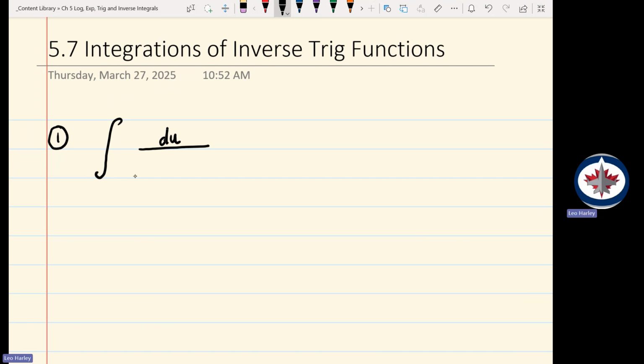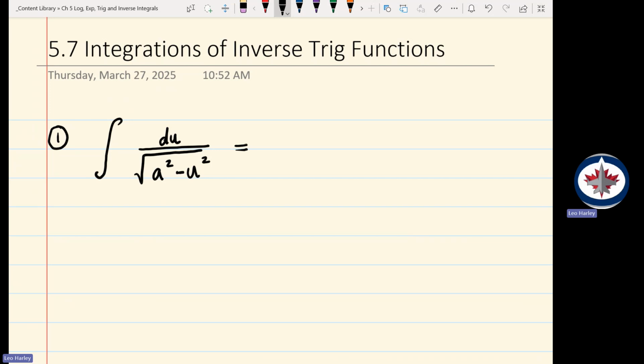And then downstairs, it's the square root of a squared, which is a constant, minus u squared. And we can finally answer this question. You can take an ugly rational function with a square root and shenanigans, and you can finally integrate it.